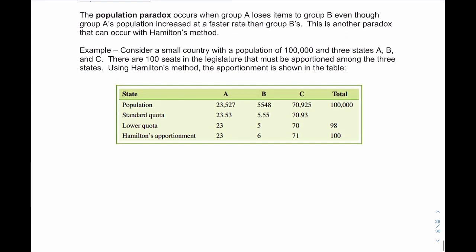So let's just say the following. Suppose the population for each state increases. Okay, let's say that state A now has 23,926 people.